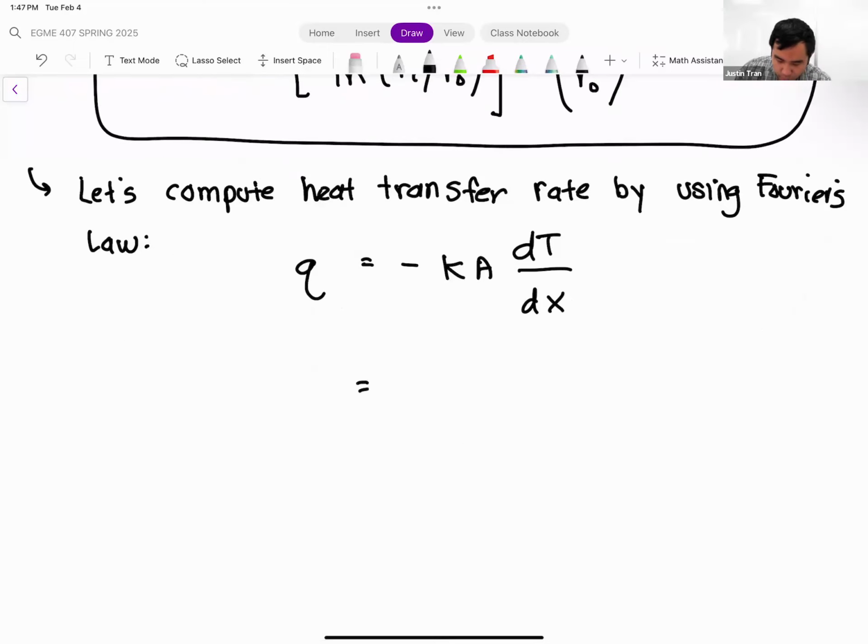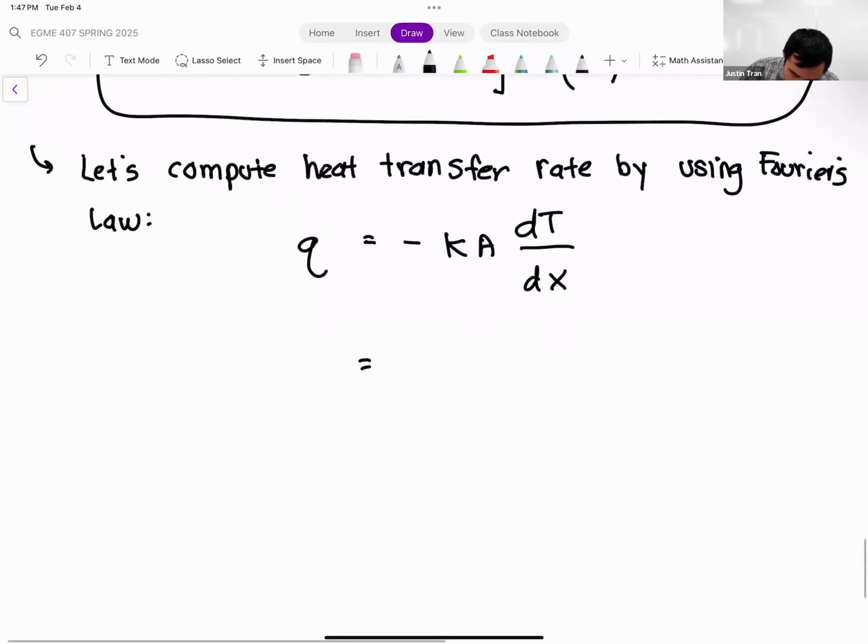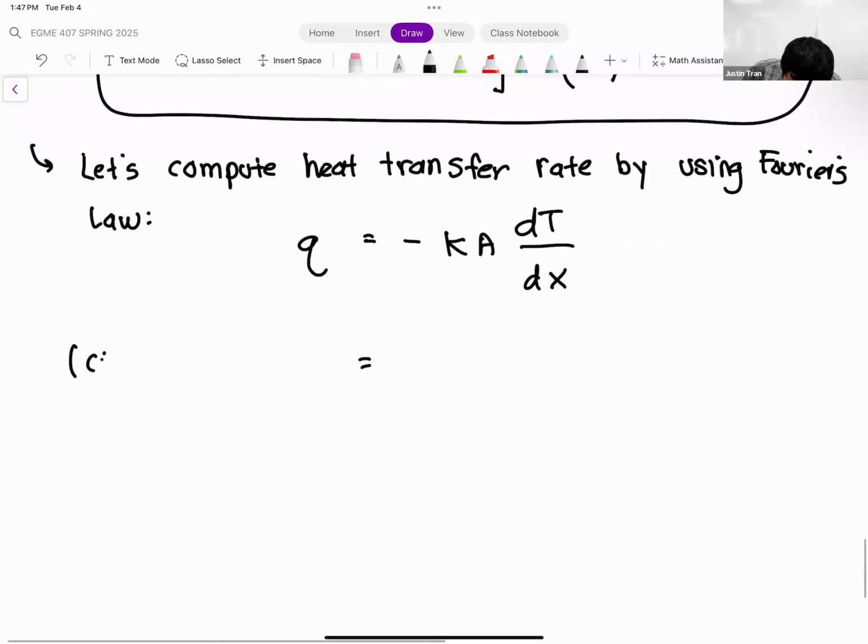Of course, we have to have a cylindrical version of this. This one's not so bad, don't worry about it. In cylindrical coordinates, this is going to be Q, and the way I'll differentiate it is Q sub r, where r stands for radial.